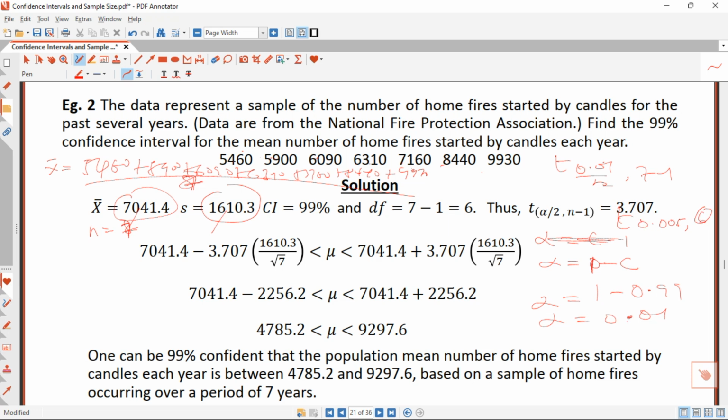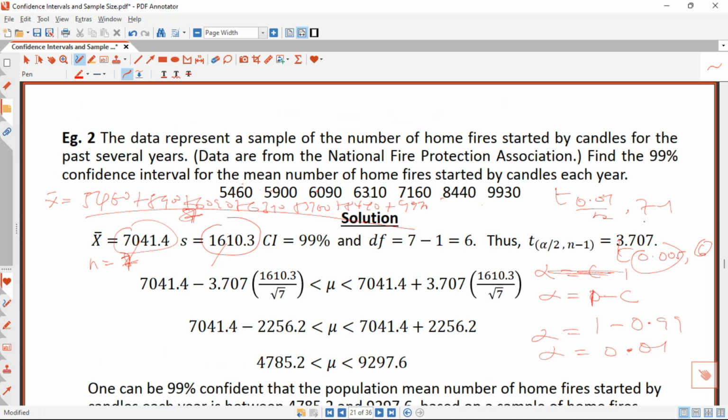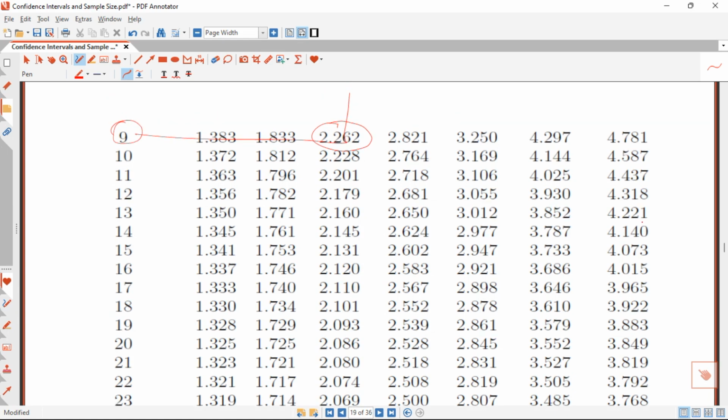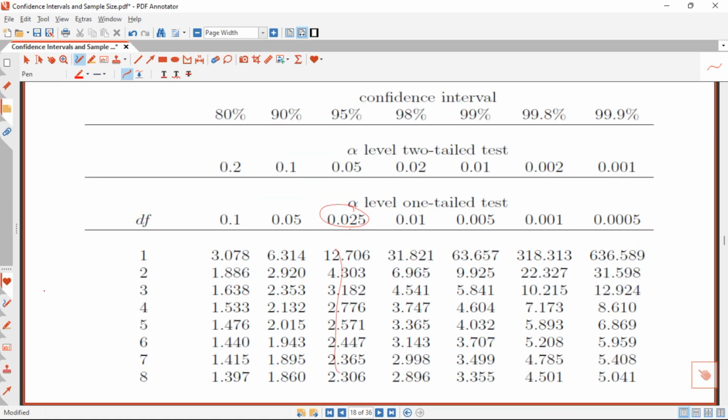So you are going straight to our degrees of freedom section and locate 6, and then go to the alpha level section and locate 0.005, right? So let's go to the top there and do that. So right now our 6 is here, right? We are just going to locate 0.005, right? So here is 0.005.